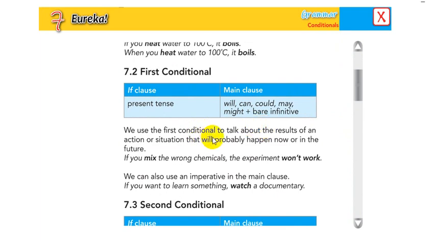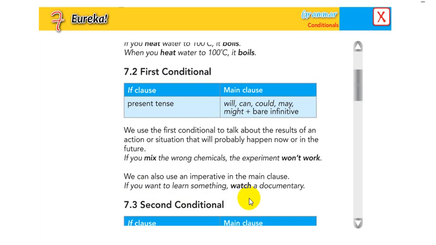We use the first conditional to talk about the results of an action or situation that will probably happen now or in the future. If you mix the wrong chemicals, the experiment won't work. We can also use an imperative in the main clause. For example, if you want to learn something, watch a documentary.